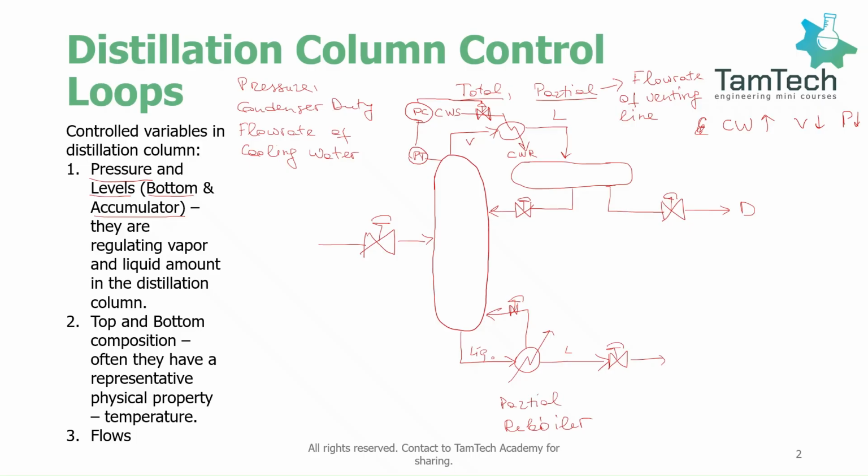So by manipulating the flow rate of vapor that exits the accumulator, we can also regulate the pressure. So that is how we control the pressure, basically. Let me erase these parts. For the next point, we will look at how we can control the levels inside the distillation column.